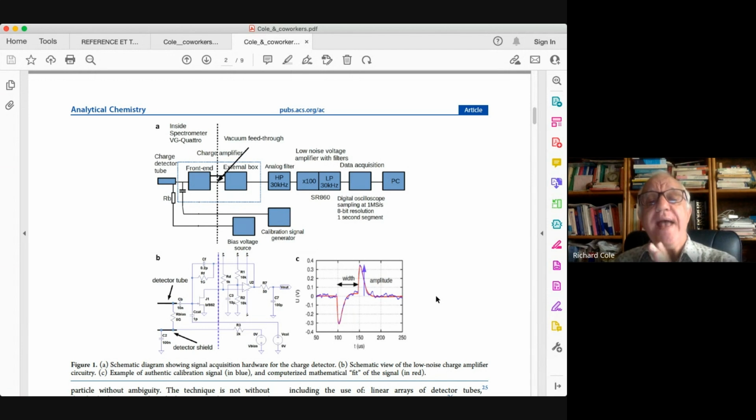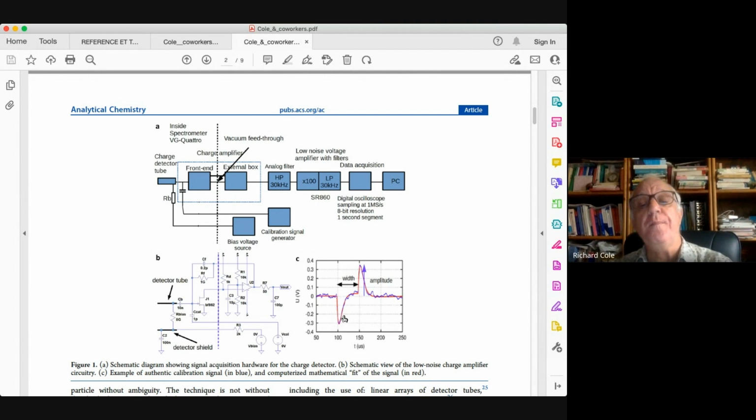But we have our data system, and what it's really looking for is a symmetrical input and output pulse. If it sees that, it's going to say, okay, I've got a real event, a real entering and exiting of a particle inside the charge detector. Then it's going to create an idealized curve corresponding to that detection event.